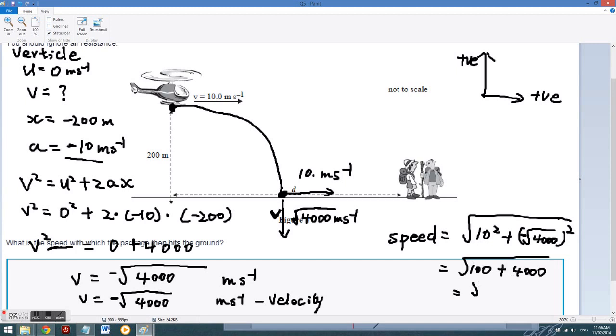Put this in your calculator: square root of 4,100 meters per second.